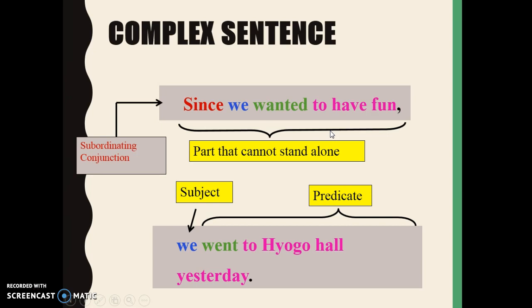It cannot stand on its own. But when you read "we went to Hugo Hall yesterday," you can understand. It's a complete thought. It's independent and can stand alone. Okay, makes sense. So this one is the independent clause and the other is the dependent clause.